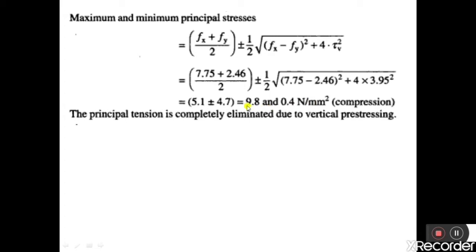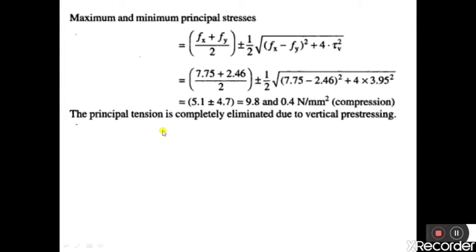If we observe the values, it is plus 9.8 and here also it is plus 0.4. Plus means the stresses in the member are compressive stresses. Therefore the minimum as well as maximum stresses developed in the section are compressive stress.